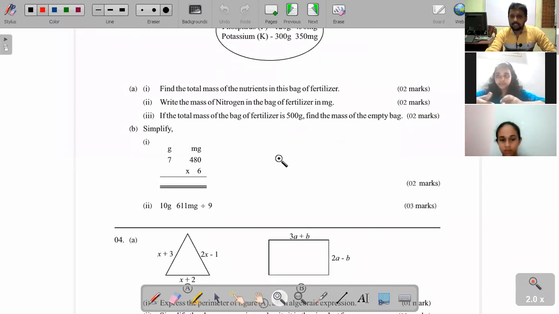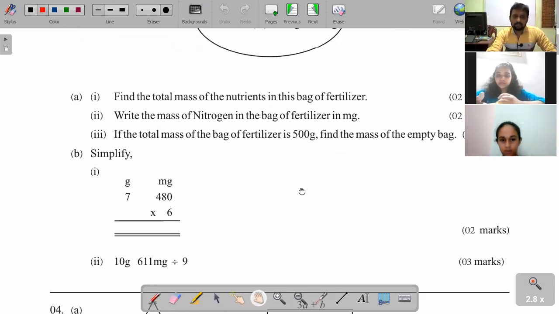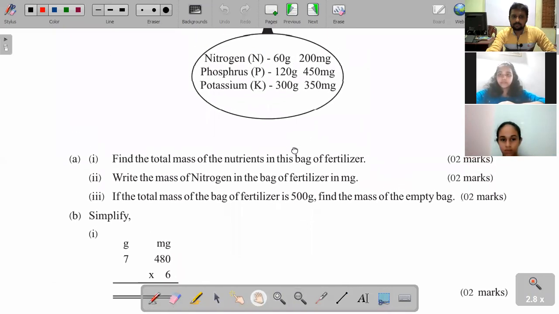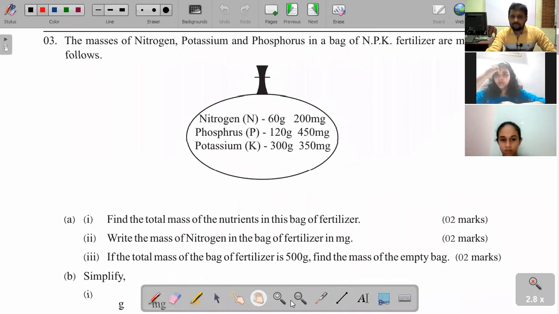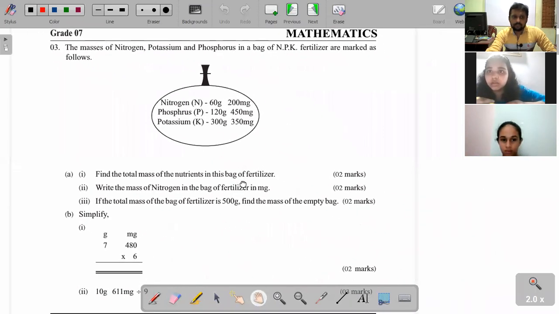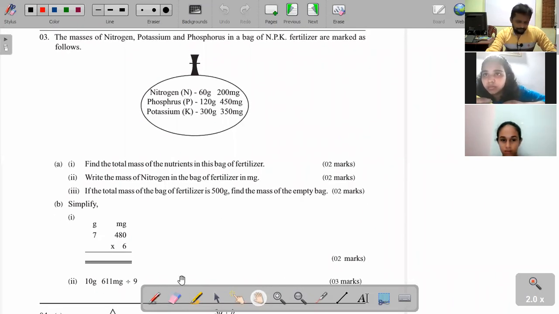Okay, look at the third question. Okay, that's the third question. That's a full question. Can you do this one within 8 minutes?